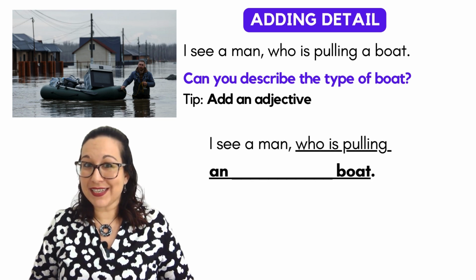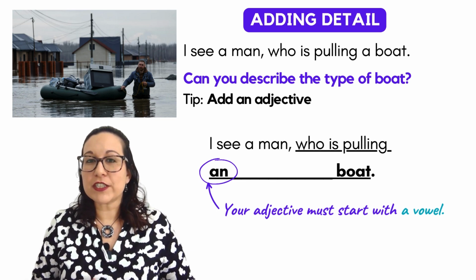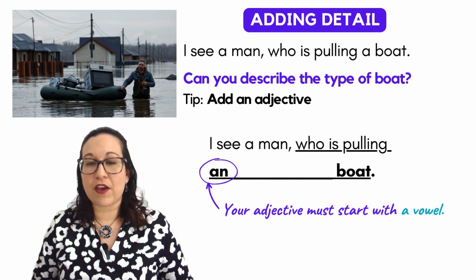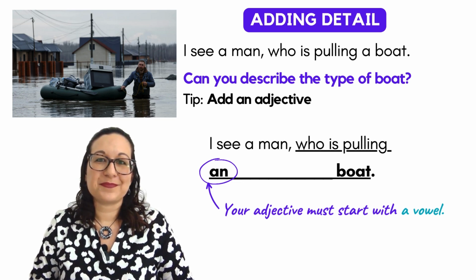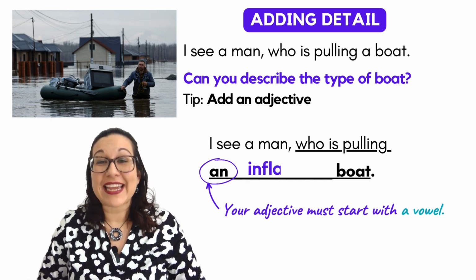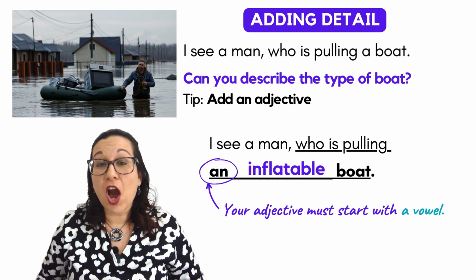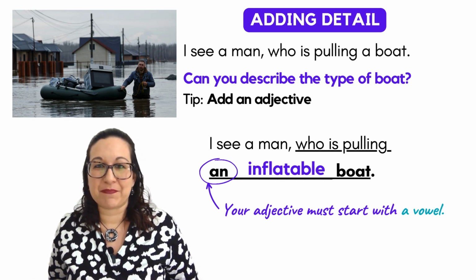And my hint here is I've given you an. That article is indicating that your adjective has got to start with a vowel. So what do you think? I see a man who is pulling an inflatable boat. Great adjective, meaning I am able to, I can inflate this item.